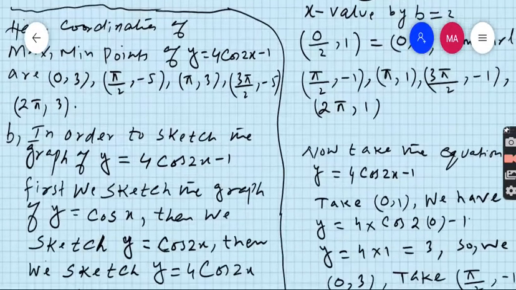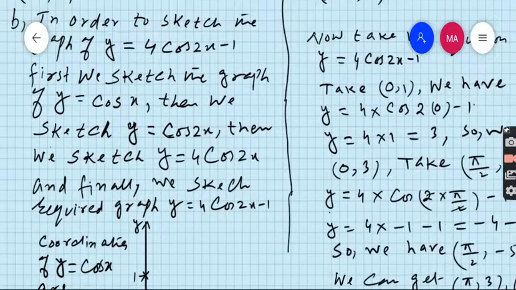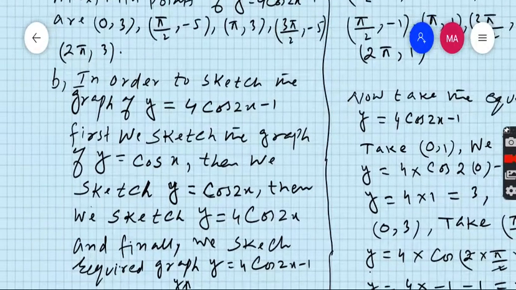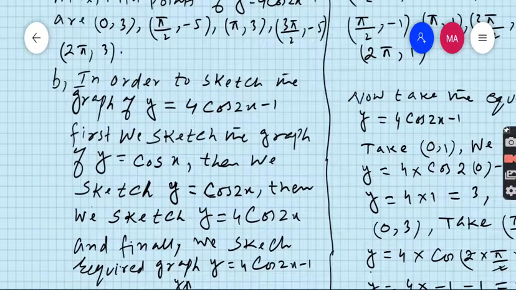See this? Read with me after seeing B. In order to sketch the graph of y equals 4 cos 2x minus 1, we will split this equation into 4 parts.